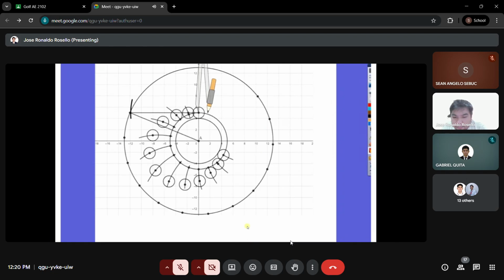Now using those points, that is 1a, 2b, with a as a center and taking roller radius, we have to draw the rollers over here like this. Then taking this b as a center, we have to draw a circle like this. Then taking this c as a center, we have to draw the roller radius and so on.